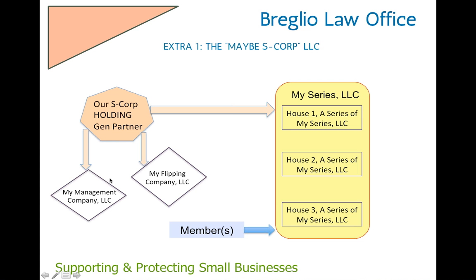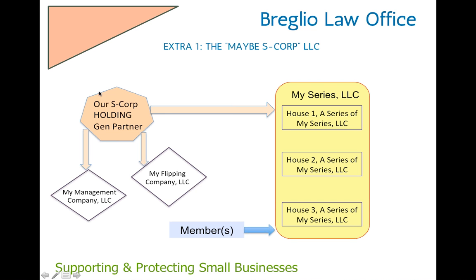So what we do, and of course, if you set up a flip company that is S-elected, and a property management or real estate or a contracting business that is S-elected, both of those have to do tax returns. And suddenly they're doing a lot of tax returns and they don't want to do that. So we'll set up an S-elected holding company, and that one is S-elected.